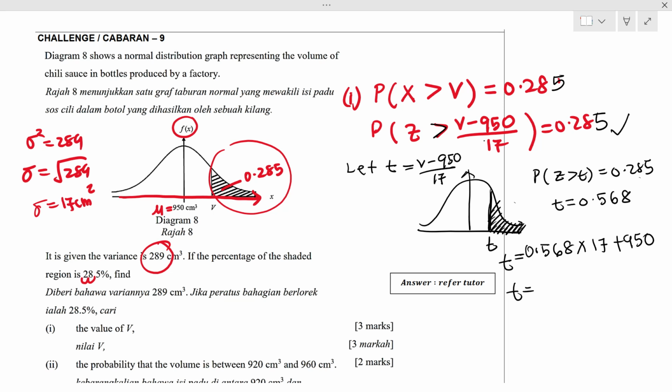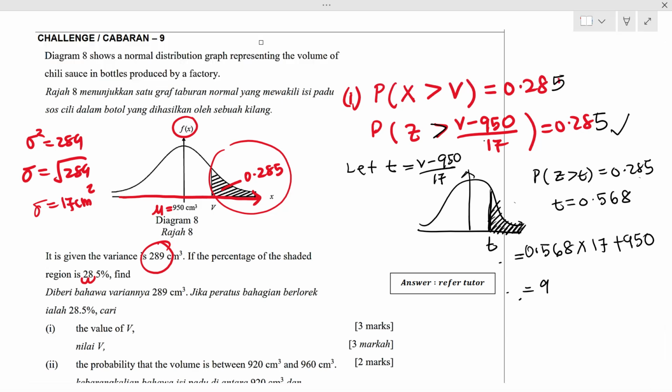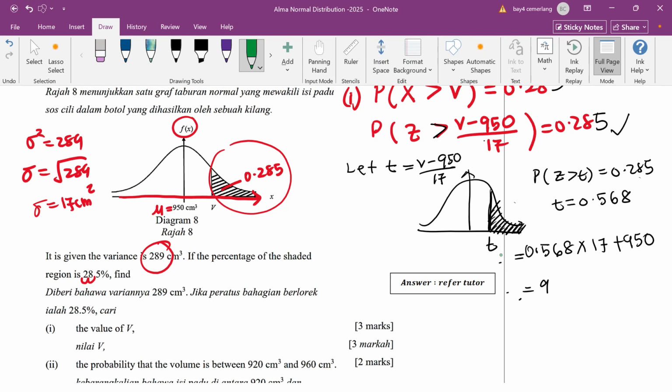I multiply here and add the 950. 0.568 times 17 plus 950, you should be getting 9... Sorry, I mean, it is V, right? Not T. Symbol mistake. Okay, here should be the V, correct?